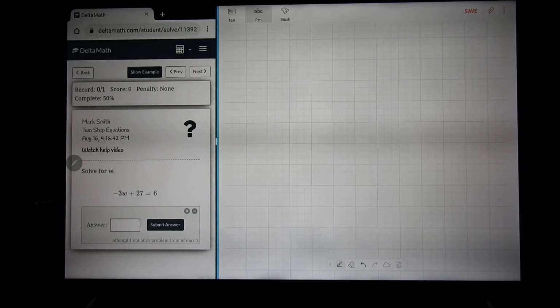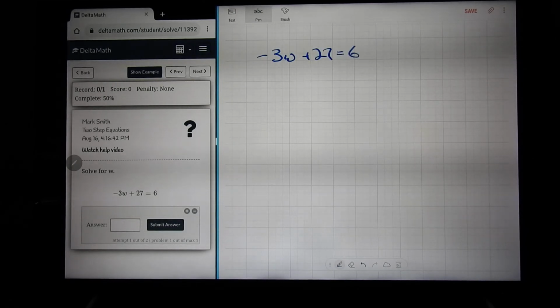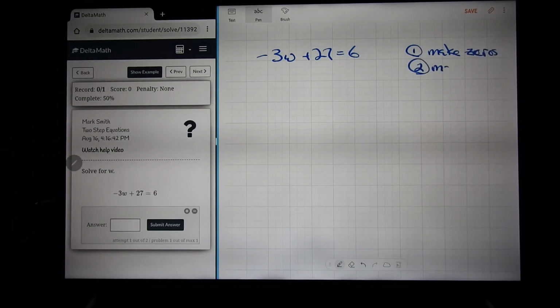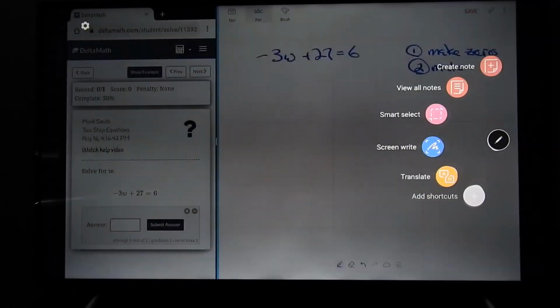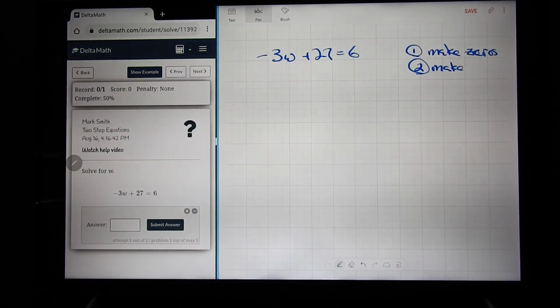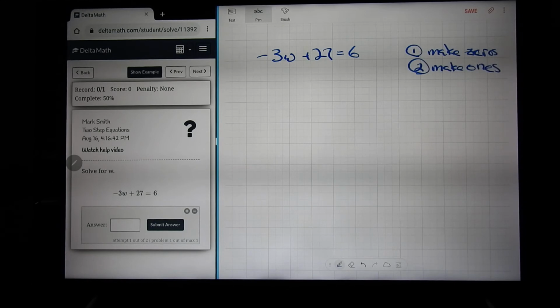All right, here's the next one, 3w plus 27 equals 6. Remember our two things. One, we're going to make zeros. And then two, we're going to make ones. Whoops, we don't want that. Make ones. All right, so look over here.